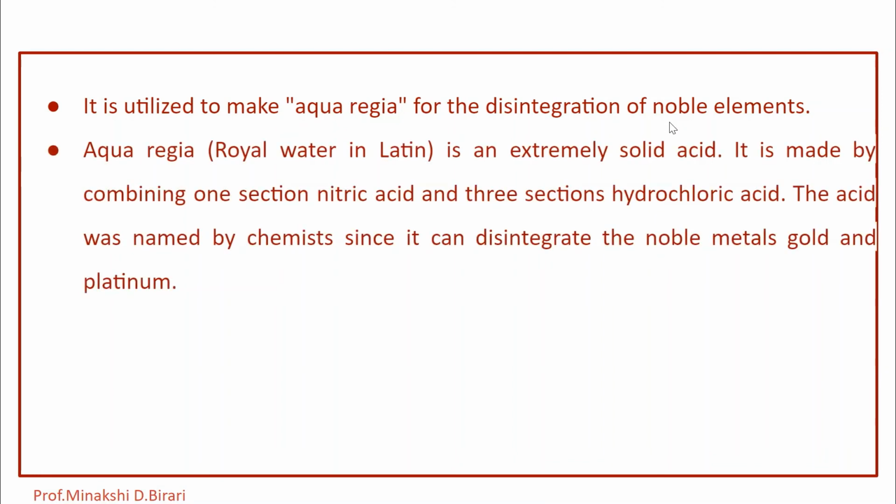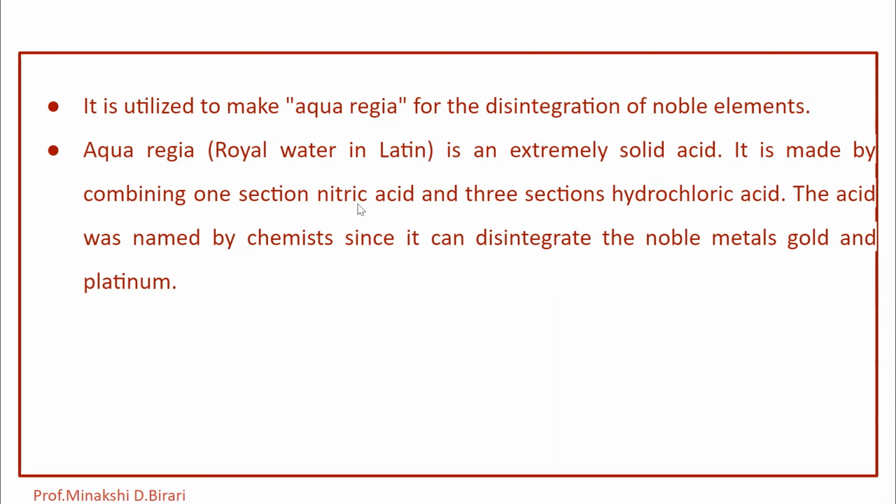Aqua regia is an extremely strong acid. It is made by combining one part nitric acid and 3 parts hydrochloric acid. So that is 1:3. The acid was named by chemists since it can dissolve the noble metals gold and platinum. So that is aqua regia.